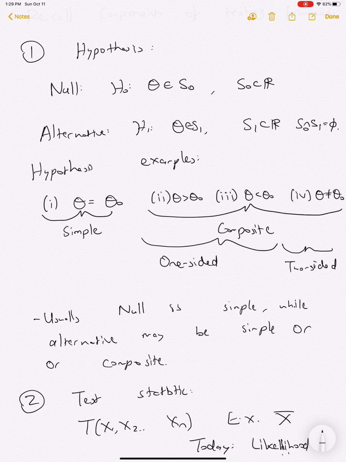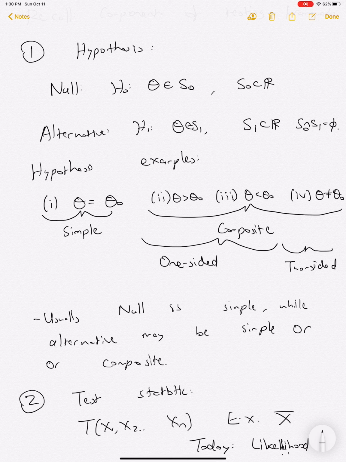And so to give you some examples of hypotheses, and we saw these in the previous lecture, the main kinds of hypotheses that we're going to see in this course are the simple hypotheses where theta equals theta 0, and that's a simple hypothesis because recall the definition that if you know the theta value, then you usually know the distribution of your x's. So that means you can do all the calculations surrounding the distribution of your x's.